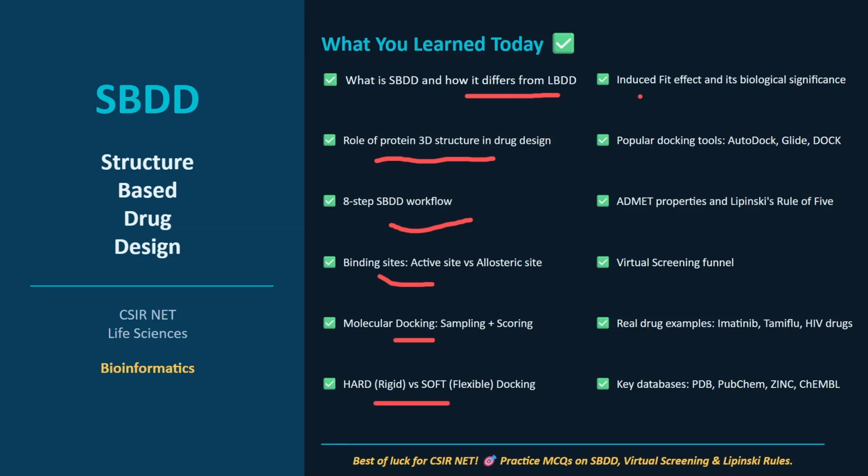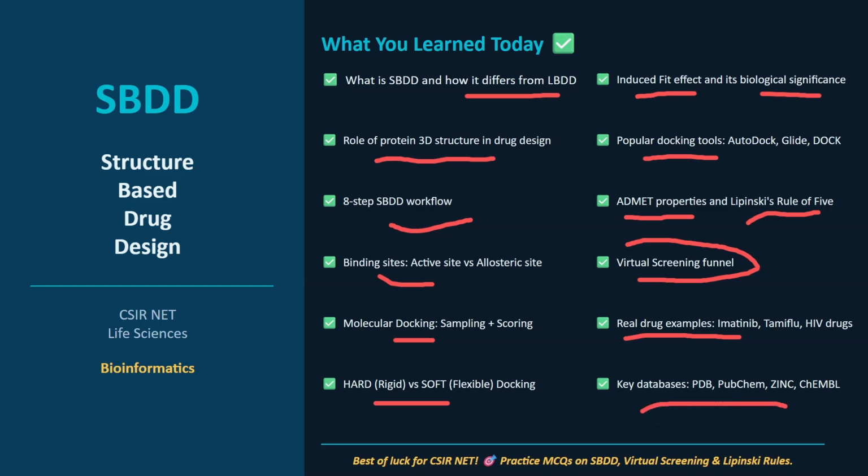We have also studied induced fit theory and its biological significance, the different tools used for molecular docking, what ADMET is and why it is important, what the Lipinski rule of five is, what the virtual screening funnel is, and the real drug examples. And lastly, we studied the different databases available to download the 3D structure of proteins as well as drug-like molecules, which we call ligands.